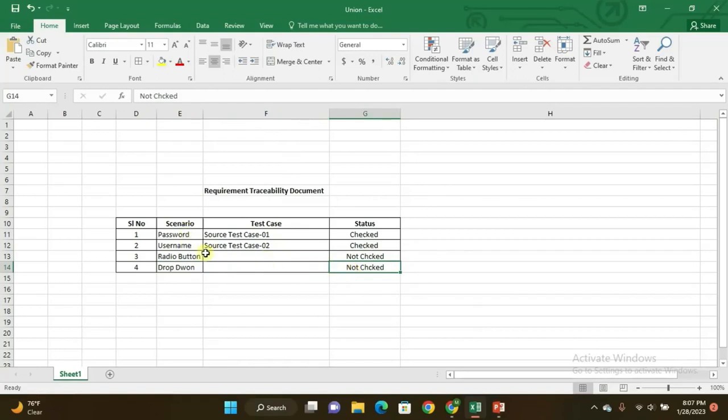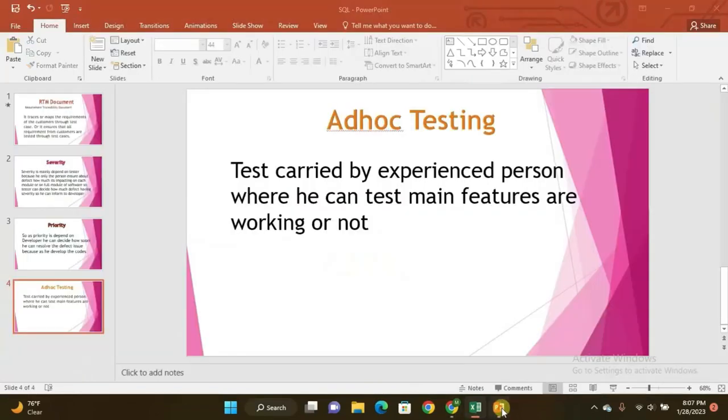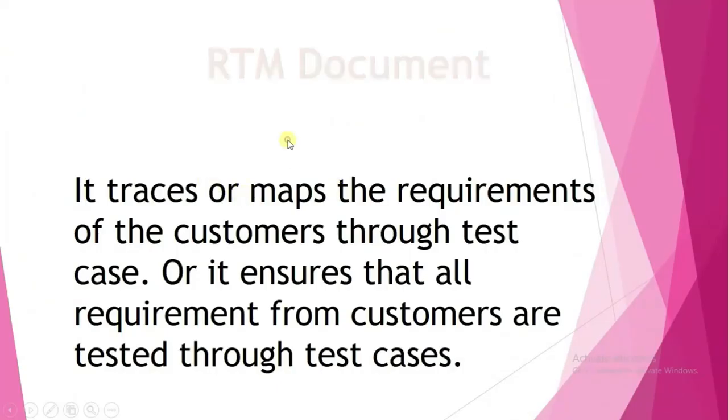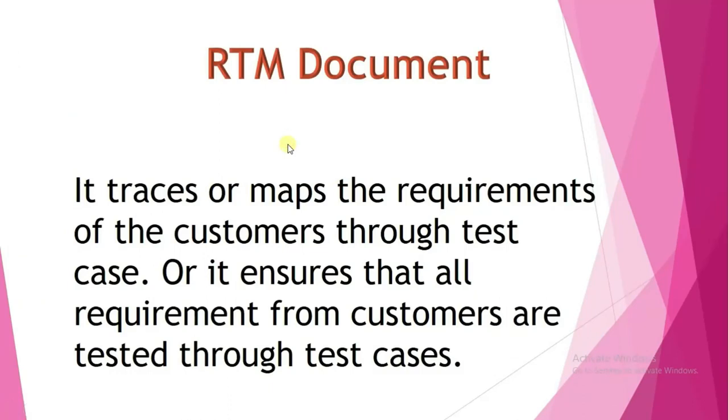So what exactly is meant by the RTM document? Requirement traceability document, what exactly does that mean? Let's move to the slides I made and I will show you things properly. The RTM document traces or maps the requirements of the customers through the test cases, or you can say it ensures that all requirements from customers are tested through the test cases.